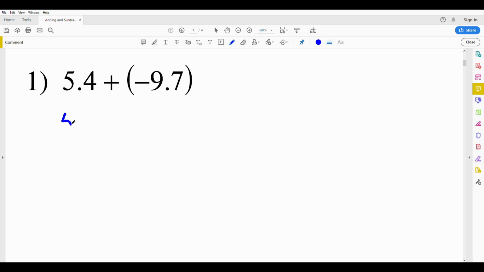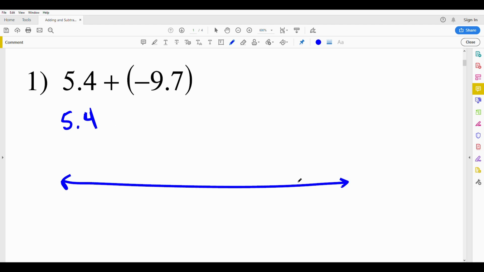And think about this, 5.4 plus negative 9.7, we're moving to the left on that number line, 9.7. So here's 5.4, we're moving to the left, 9.7. So 1, 2, 3, 4, 5, 6, 7, 8, 9. Moving to the left, this would be 4.4, 3.4, 2.4, 1.4, 0.4.